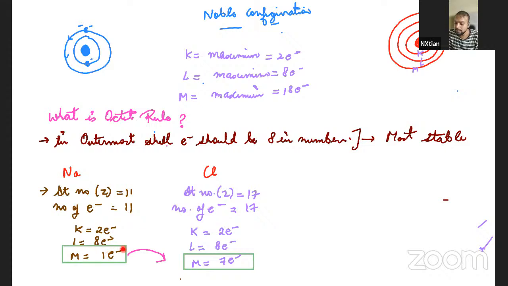And what will remain behind? L shell. And L shell has 8 electrons. And this chlorine has 7 electrons. If it gets 1 electron from outside, then 1 plus 7 becomes 8 electrons, most stable, octet rule complete.